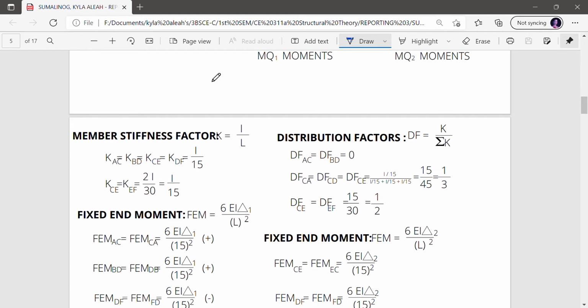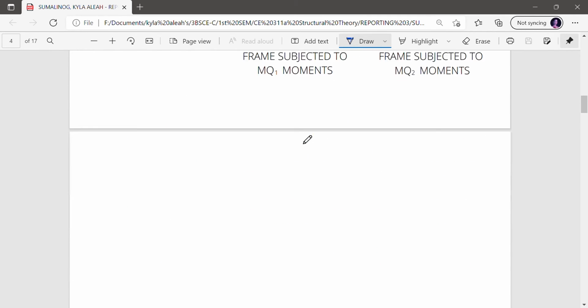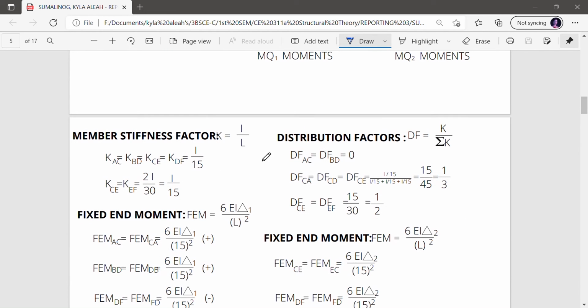We can solve now the distribution factors of the frame. So we have here the distribution factors formula, which is DF is equal to K over the summation of K. So for DF AC and DF BD, it is equal to 0 because it is a fixed support. The distribution factor of a fixed support is 0, and the distribution factor of a roller or hinge support is 1.